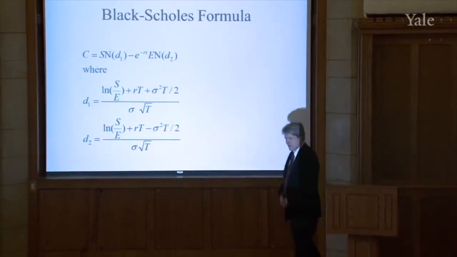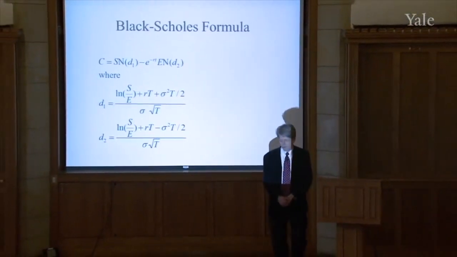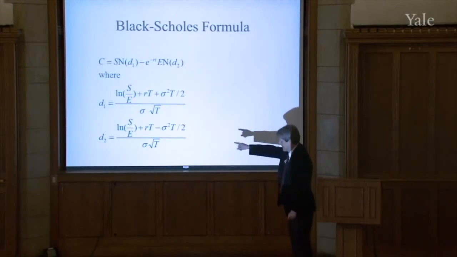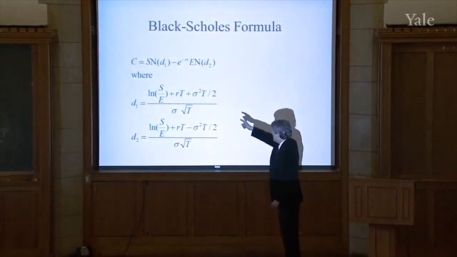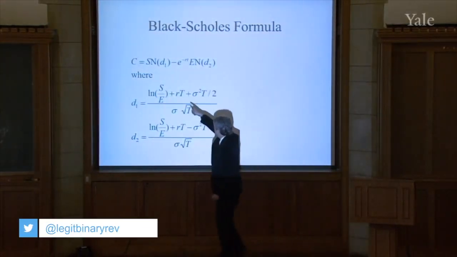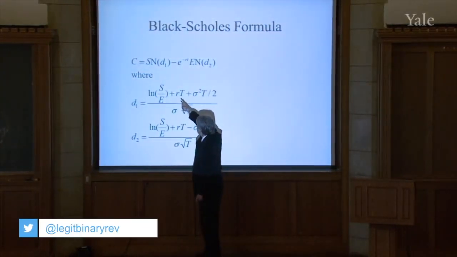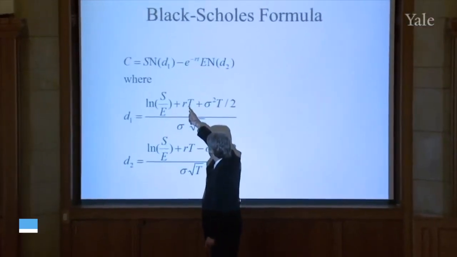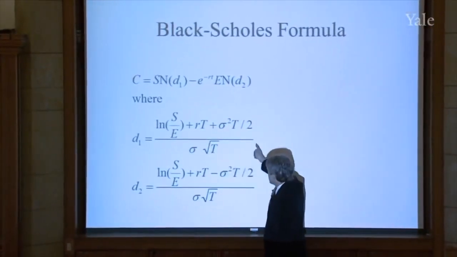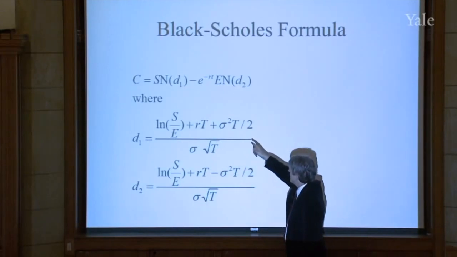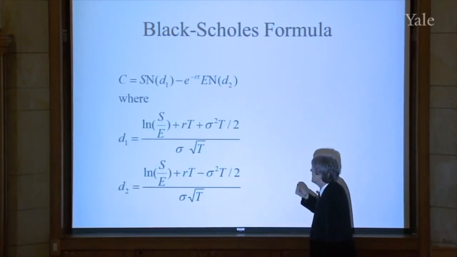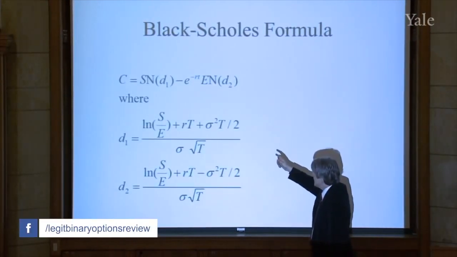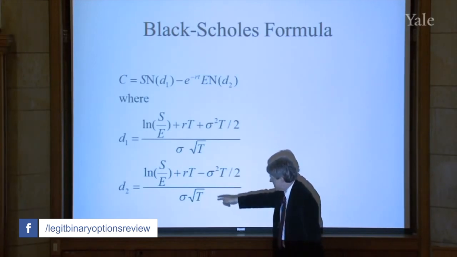It doesn't have the probability that the option is in the money either, but it looks totally different from the formula that I wrote over there. The call price is equal to the share price, S, times N of d1, where d1 is this equation, minus e to the minus r, the interest rate, times time to maturity, T, times the exercise price times N of d2, where this is d2.